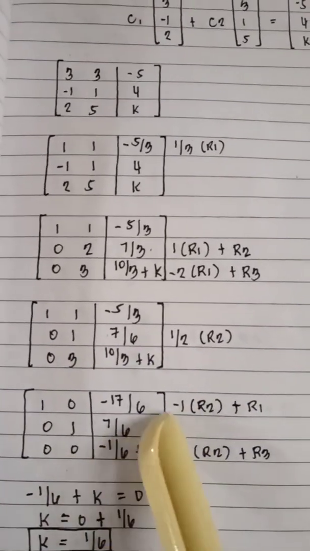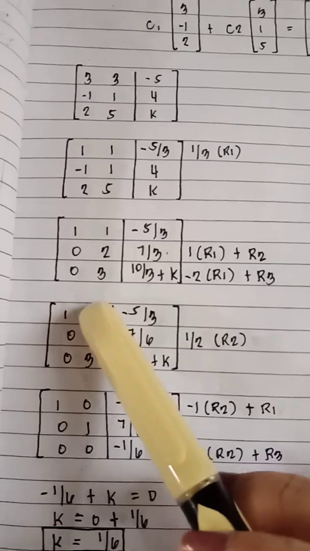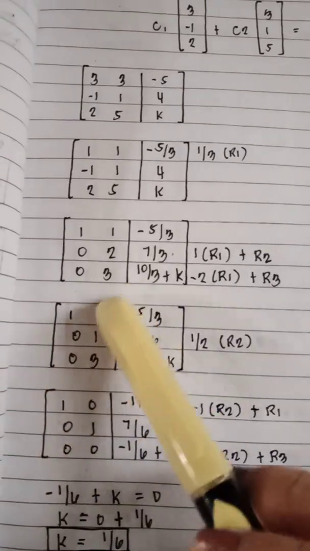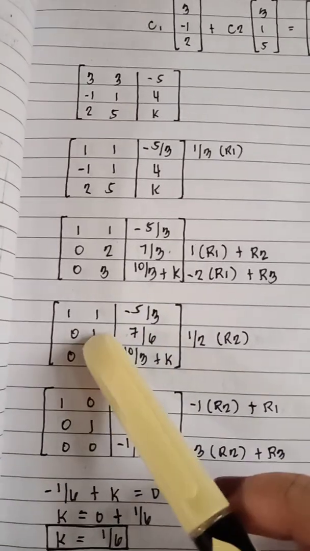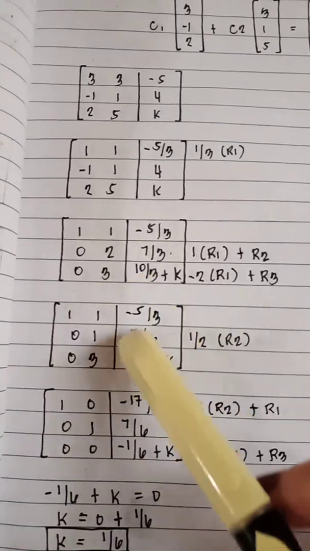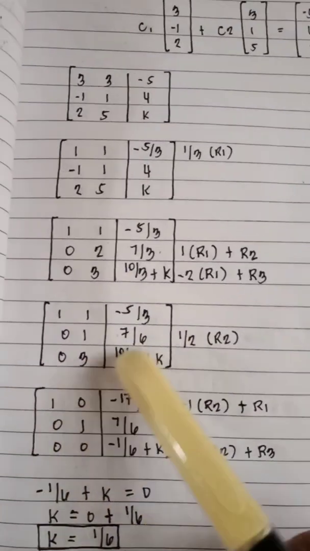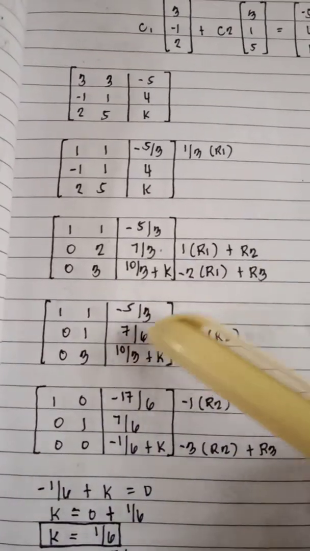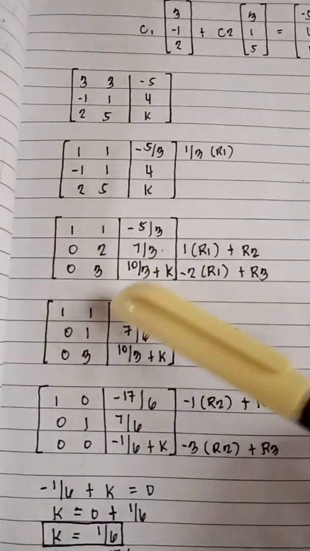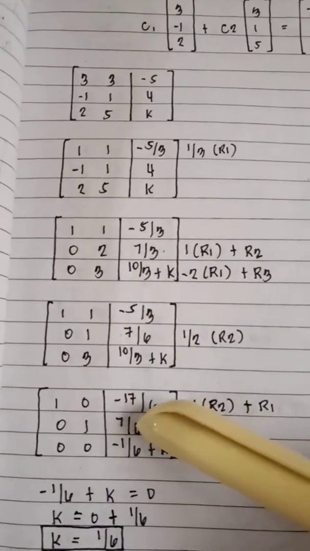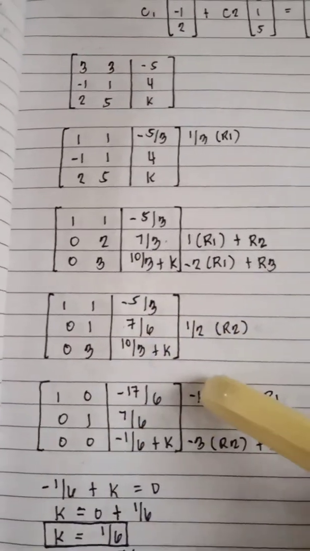So negative 1 times 0 plus 1 is equal to 1. Negative 1 times 1 plus 1 is equal to 0. Negative 1 times 7/6 plus negative 5/3 is equal to negative 17/6.